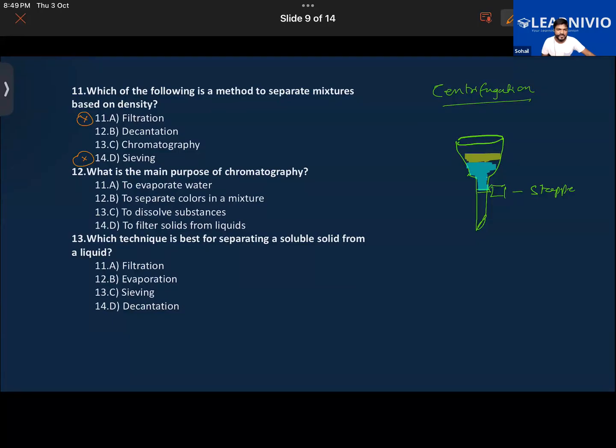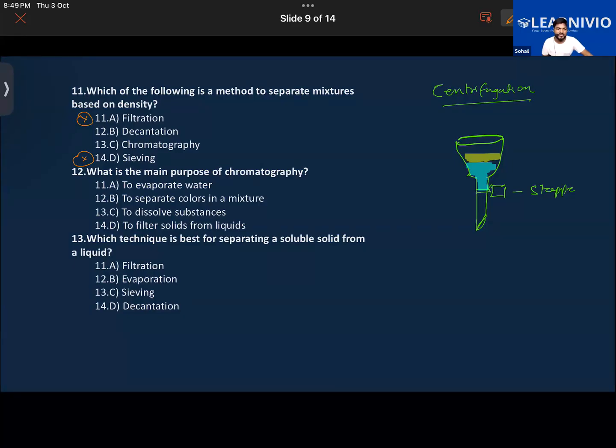Here the question is about chromatography. What is the principle of chromatography? We know that if there is a mixture, for example pen ink, it is a mixture of different substances.